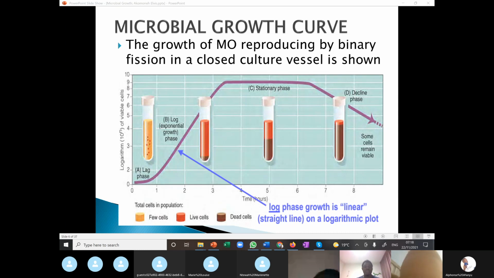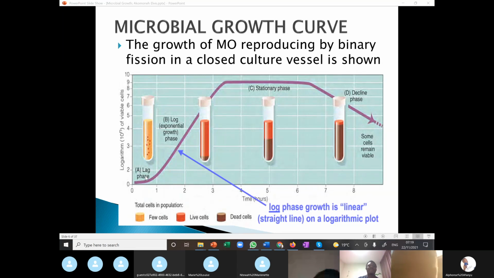Enzymes to be able to metabolize a new medium. Since it was growing in a different medium, it had different enzymes to metabolize that medium. Now suddenly it finds itself in a new medium, so it will need time to synthesize enzymes that will be able to metabolize this new medium.